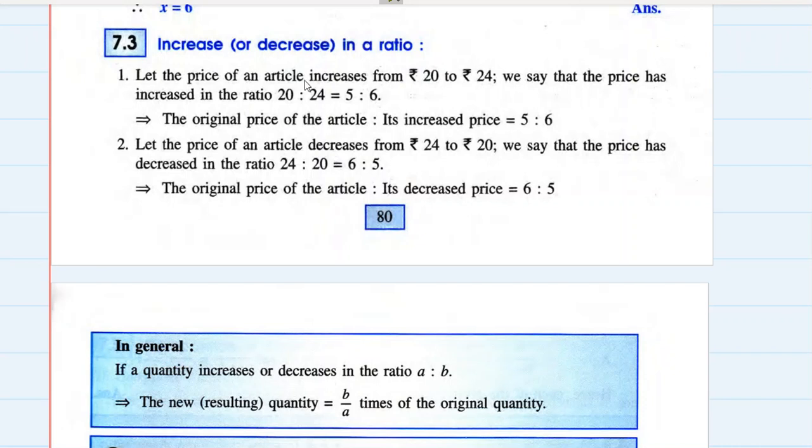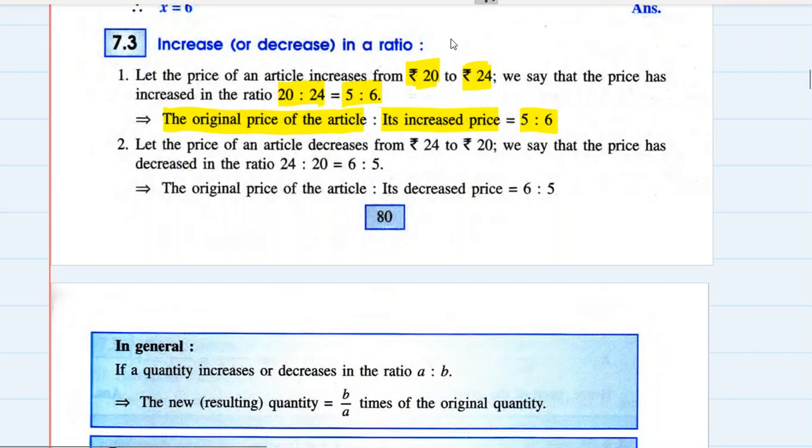Let the price of an article increase from rupees 20 to rupees 24. See, there is an increase. We say that the price has increased in the ratio 20 is to 24, that is 5 is to 6. That is, original price of the article is to its increased price is 5 is to 6. So we say that the price has increased in the ratio 5 is to 6.